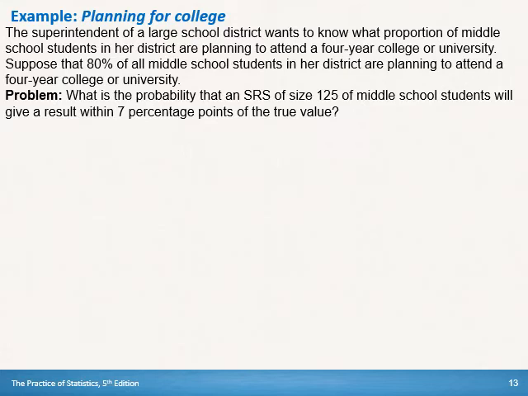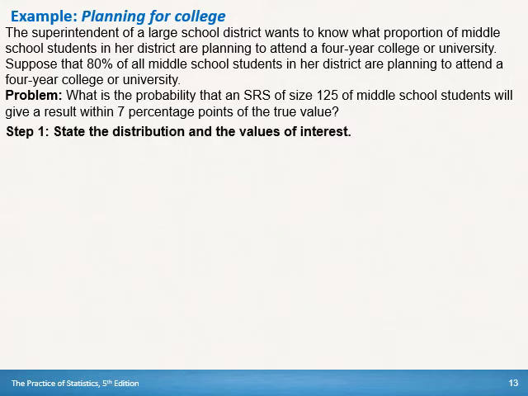If 80% of the middle school students are planning on going to college, what is the probability that an SRS, a simple random sample, of size 125 middle school students would give a result that's within 7% of the true proportion of 80%?